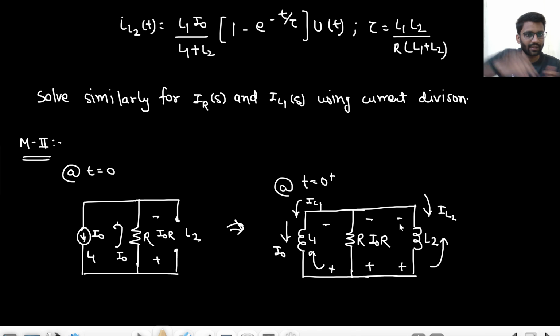Initially we are having I naught current, but eventually the I naught current will reduce because of this I naught R voltage that is applied in the opposite direction. Are you getting my point? This I naught R voltage is applied in this direction. For L2 it is increasing the current from up to down, and for L1 as well it is increasing the current from up to down, but since I naught is flowing from down to up, I naught will be reducing.